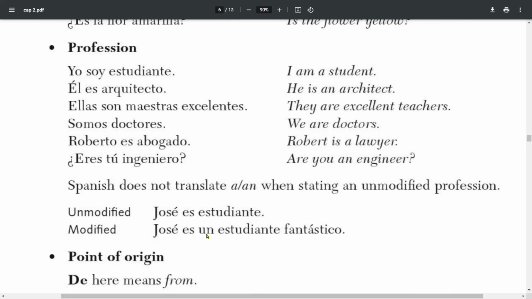Jose es un estudiante fantástico. But for a simple sentence, remove un. Some people may say it, some native speakers, but that is not necessary. And sometimes that sounds weird if you include it. But for a sentence like this one, like adding, for example, an adjective, fantastic, yeah, we will include un.